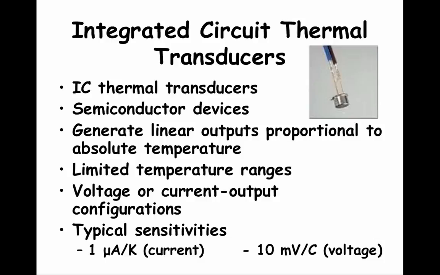At the current time, integrated circuit thermal transducers have more limited temperature ranges than thermocouples, RTDs, and thermistors, from minus 55 degrees Celsius to 155 degrees Celsius. The big advantage to the integrated circuit thermal transducers is that they have linear outputs proportional to temperature. This makes conversion of the transducer output easier.